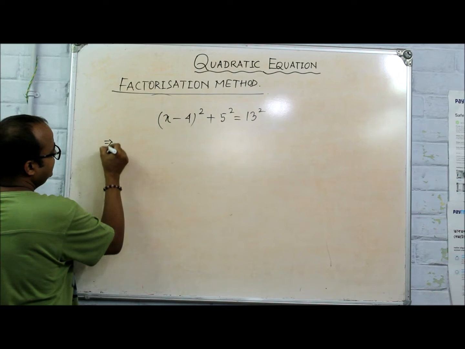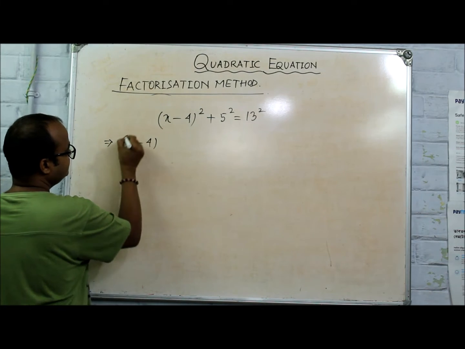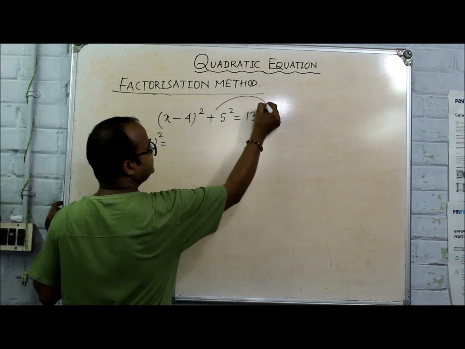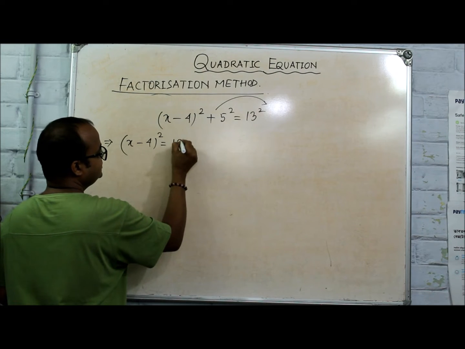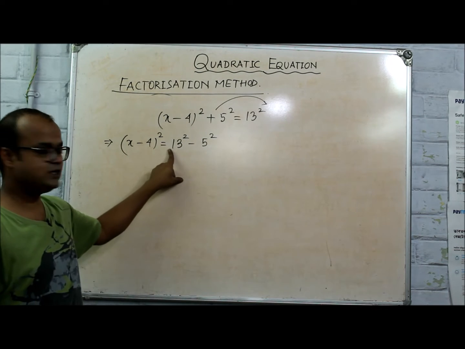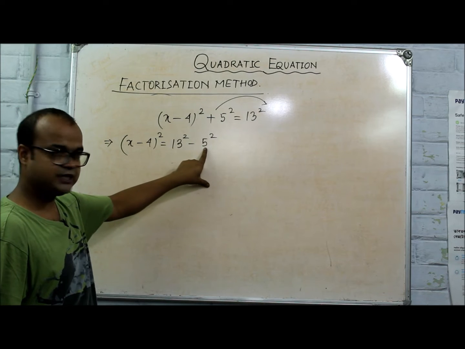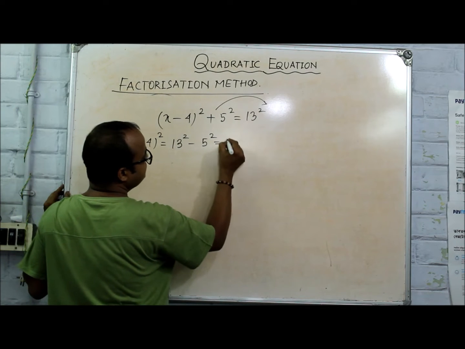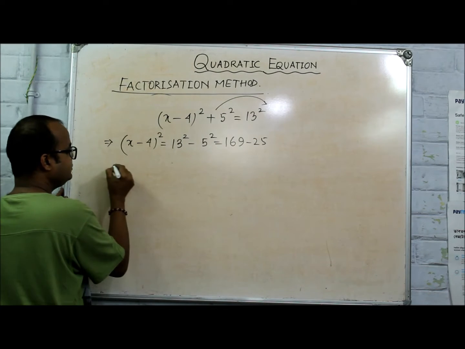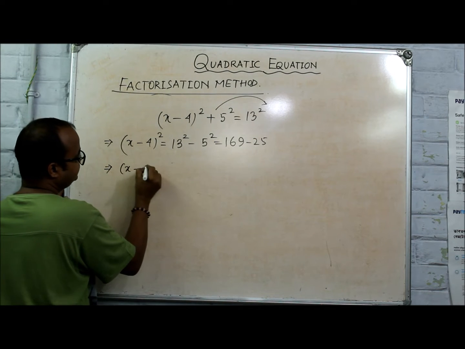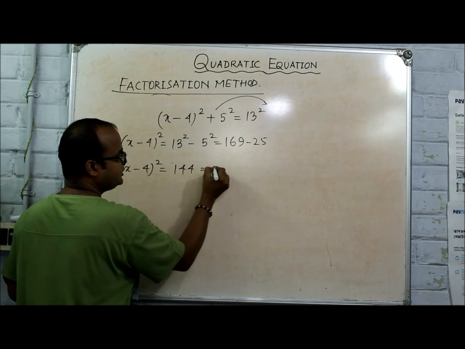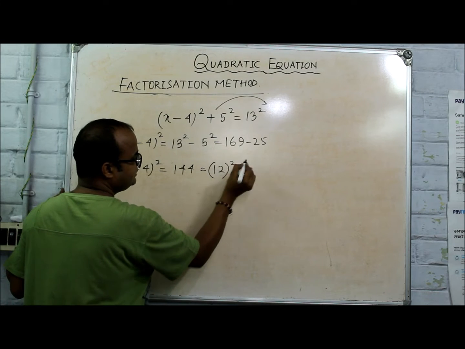First, simple: x minus 4 whole square is equal to 13 square, you can take this 5 square to the other side, 13 square minus 5 square. 13 square is 169, 5 square is 25. So 169 minus 25 is 144. So x minus 4 whole square is equal to 144, and 144 can be written as 12 square.